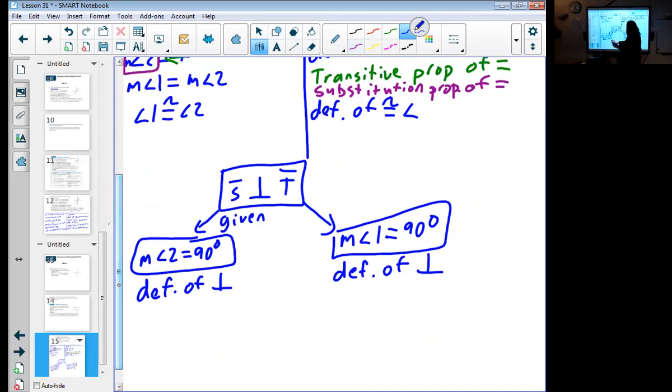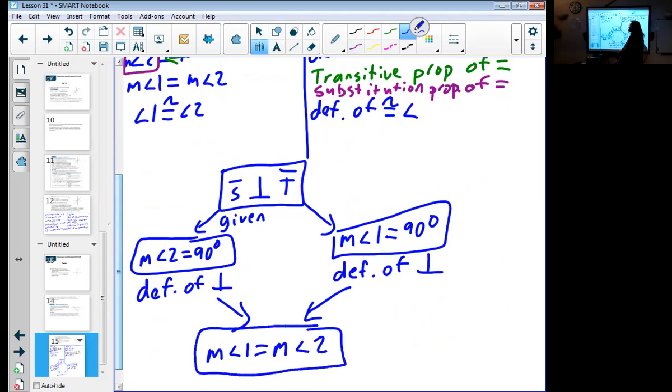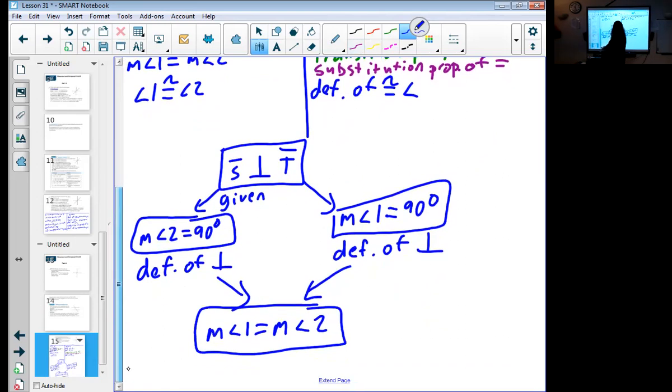We then have these two coming together to say that the measure of angle 1 is equal to the measure of angle 2. I'm just going to pick one for this, and I will do the opposite for the paragraph proof. But we have the transitive property of equality.